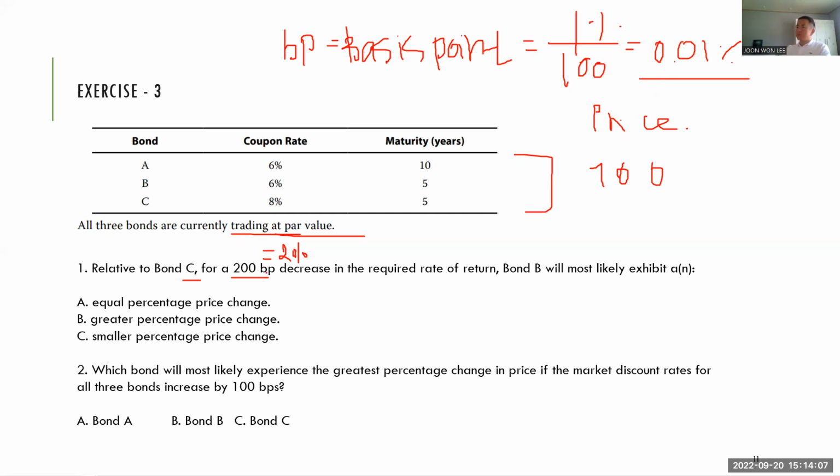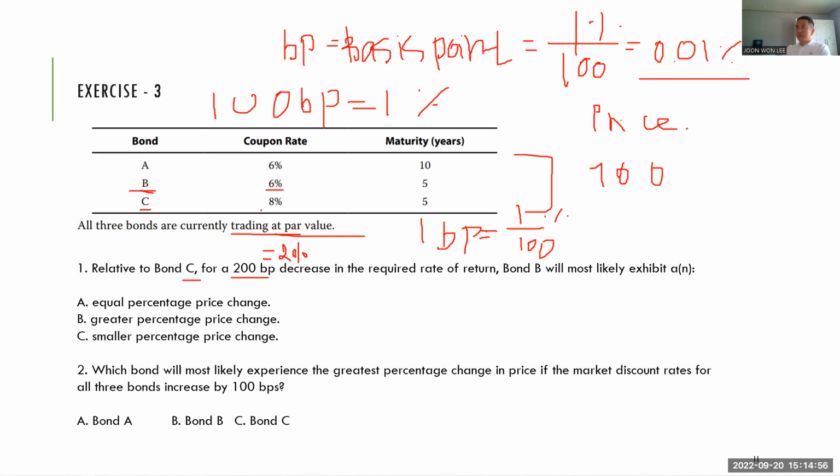So 100 basis points is 1%. Okay. Same. So with a 2% decrease in the required rate of return, bond B will most likely exhibit... We compare bond C with bond B. Bond B's coupon rate is 6%.